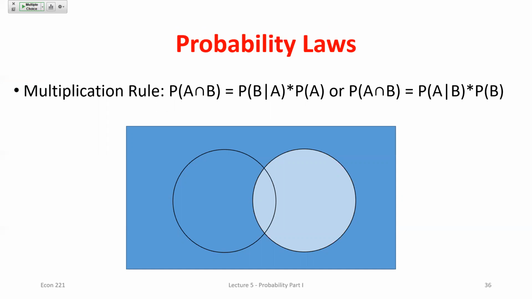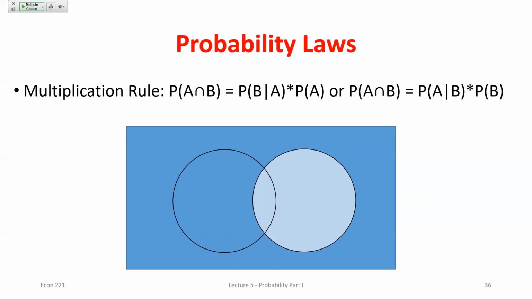So the idea of a conditional probability, we might start out with this multiplication rule. I think there's an easier way to think about this. If I rearrange that equation a little bit, I've got the intersection is equal to this conditional probability times the probability of whatever I'm conditioning on.